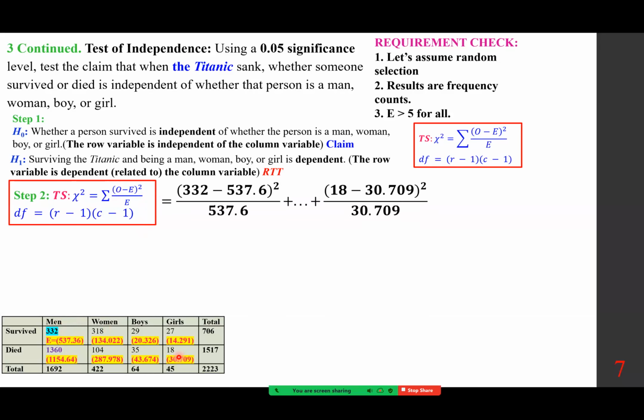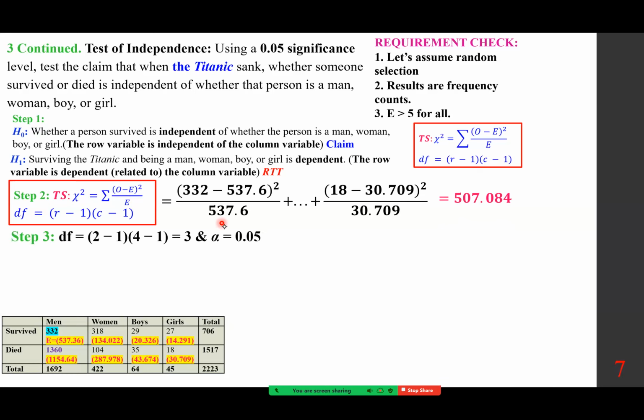And the last one, so in this manner, the last one is 18 minus this number 30.709 squared over 30.709. Remember, in the previous case, all expected values were the same. This is not the case here. That's why you want to be careful when you do the calculation. We end up with a huge value as far as the test statistic is concerned.